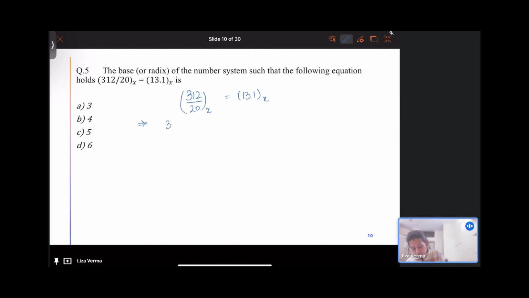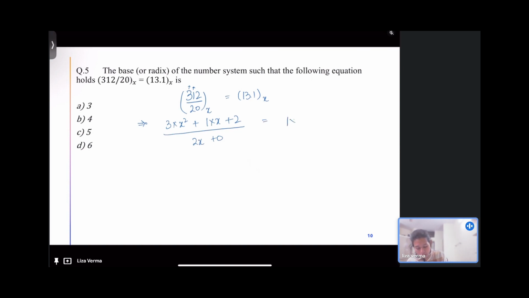The weight of this bit is x squared, so 3 times x squared, plus 1 times x plus 2, plus 2 divided by x plus 0, which is equal to 1 times x plus 3 times 1 plus 1 by x, right?